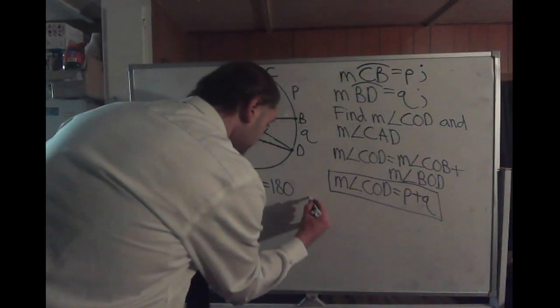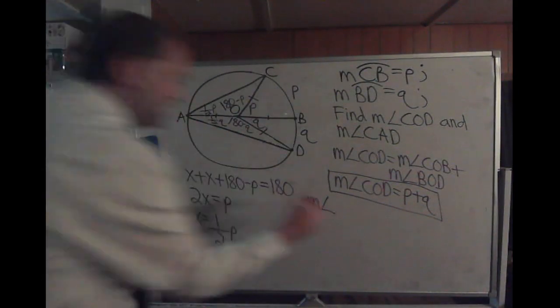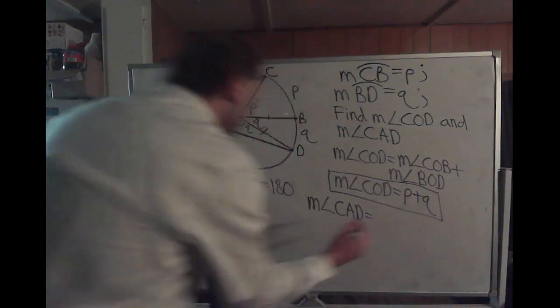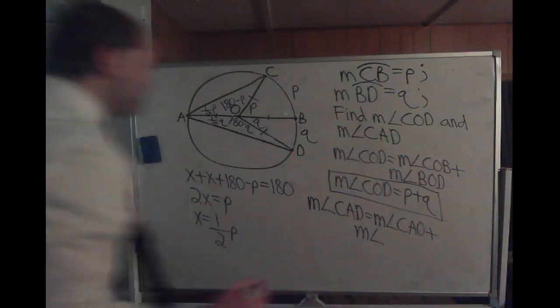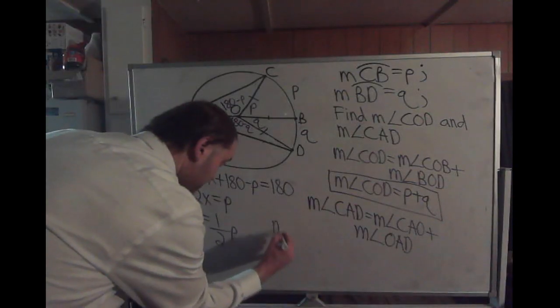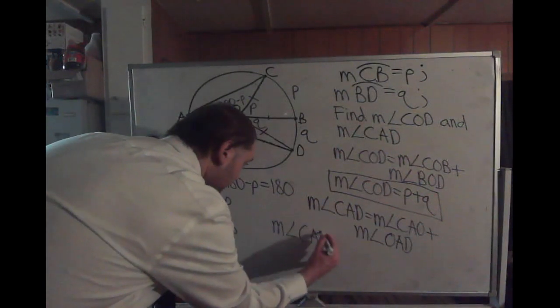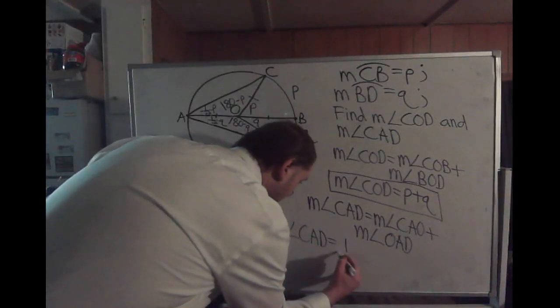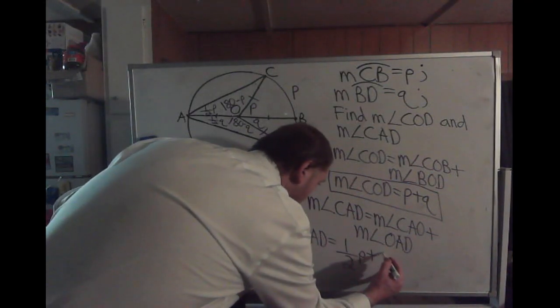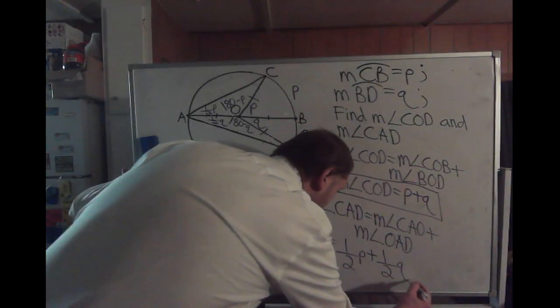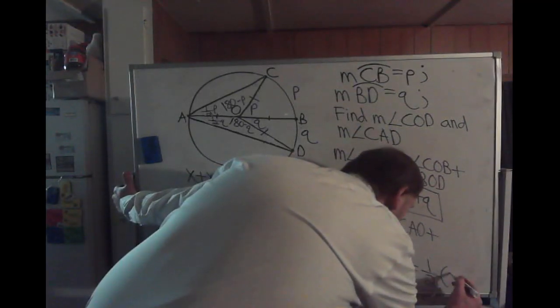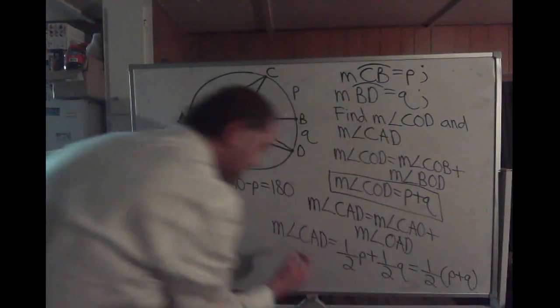Now, we just go on to find the measure of angle CAD, which is going to be equal to the measure of angle CAO plus the measure of angle OAD, which means the measure of angle CAD is equal to 1/2 of P plus 1/2 of Q. Or you could factor this out and say 1/2 of P plus Q. Those are two ways you can write the answer here.